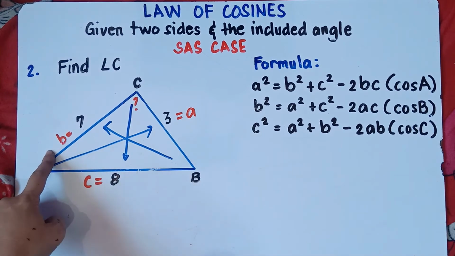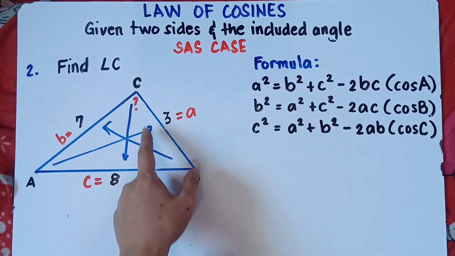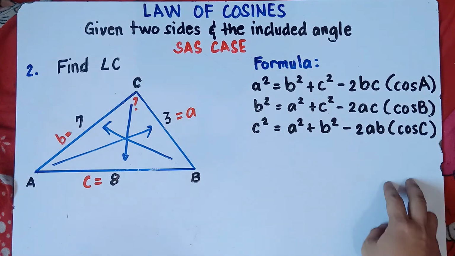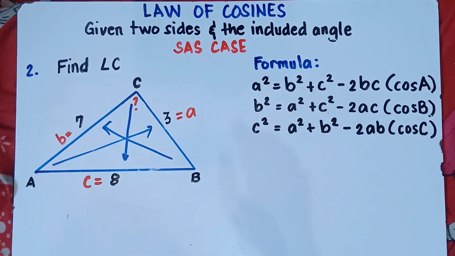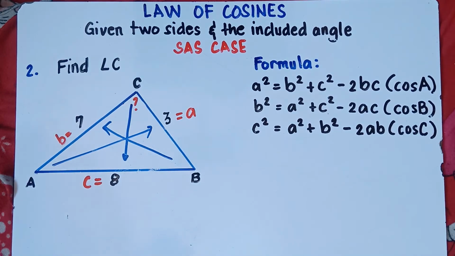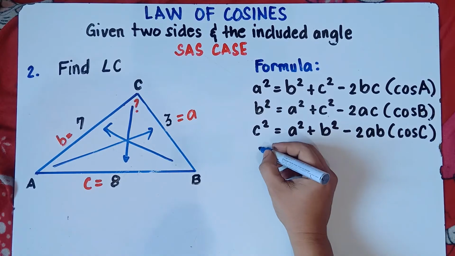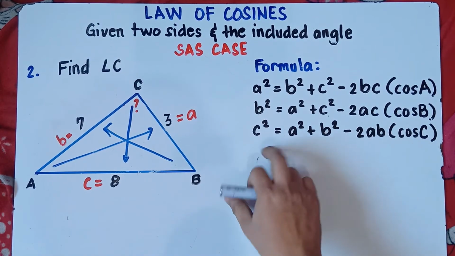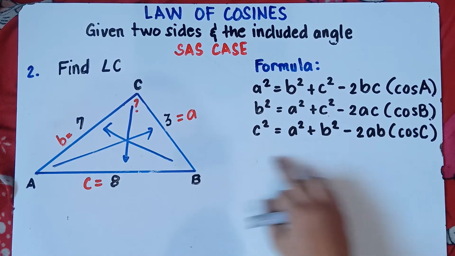Side b, that's 7. Side c, that's 8. Since we're looking for angle C, we will be using the third formula, because this is angle C. Alright, so simply write the formula, c squared, or we can just simply substitute, class, because we already have the formula here.